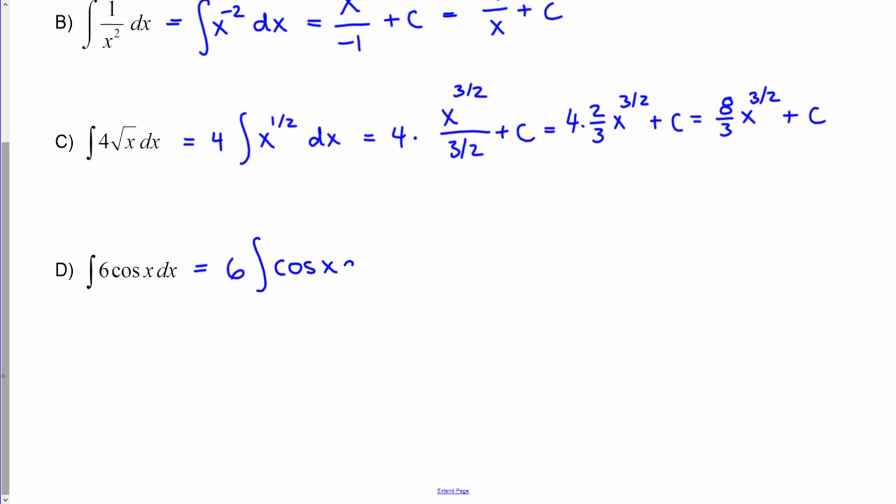So the antiderivative of cosine x dx, just the way I think about these to remember the signs is that I know for a fact that the derivative of cosine is negative. So then I just use that fact to work my way around the others. So if the derivative of cosine is negative, the antiderivative is positive. So this will be 6 times the positive sine of x plus c.